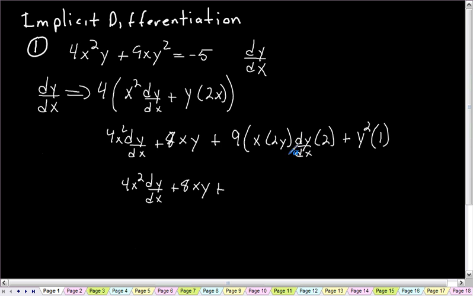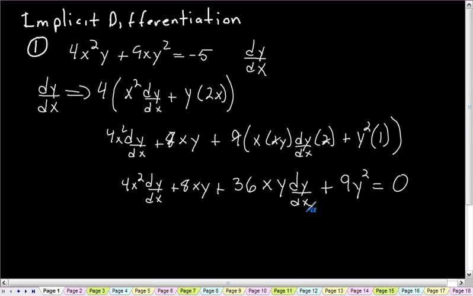Plus this comes out 2 times 2 is 4 times 9 is 36x y dy/dx, plus 9y squared. And when I take the derivative of -5, that gives me 0.